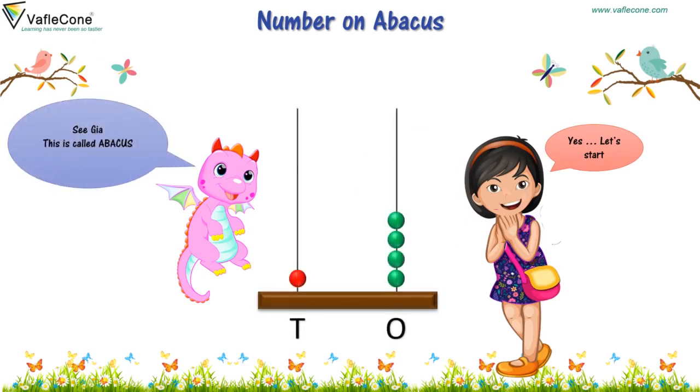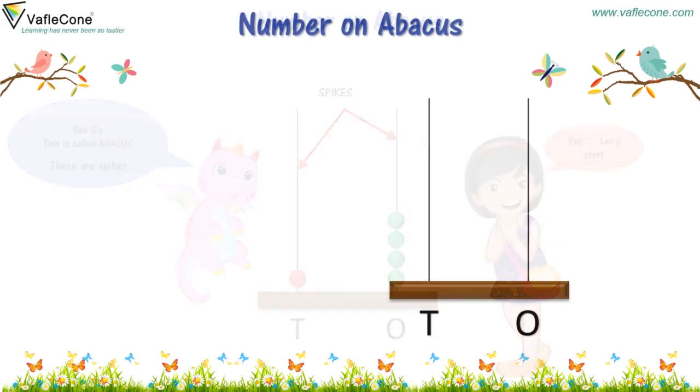See, Gia, this is called Abacus. These are spikes. Each ball in the ones spike stands for 1. Each ball in the tens spike stands for 10.